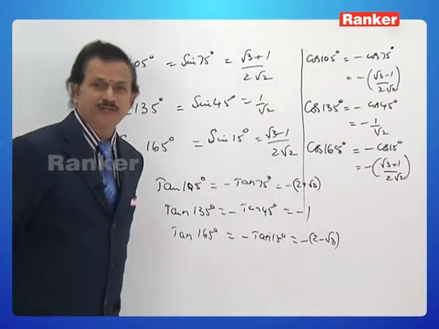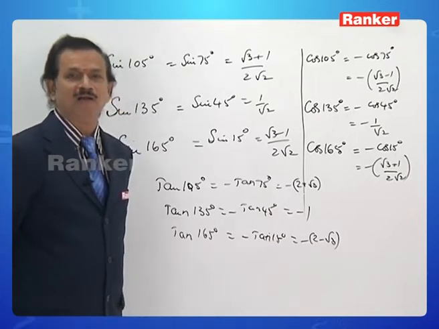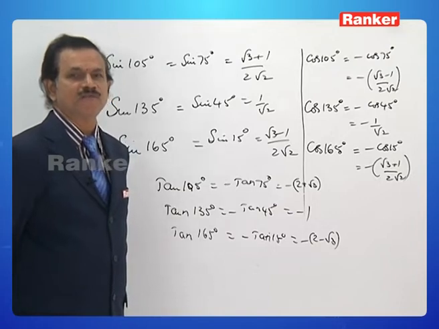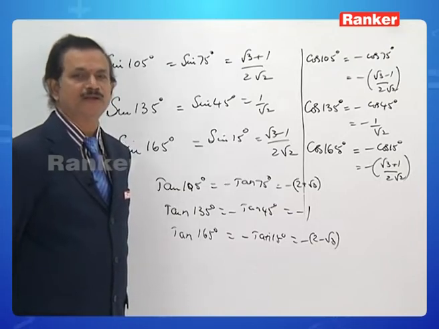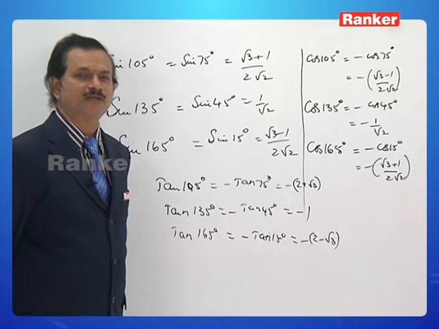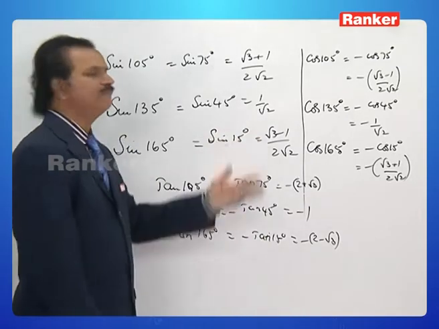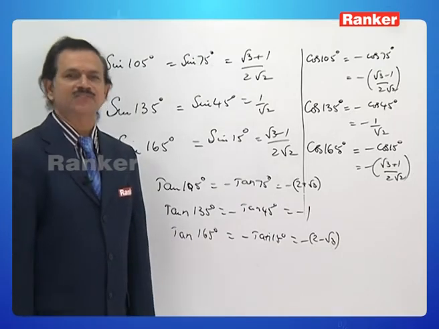So far, you are able to have all multiples of 15 up to 180 degrees: 15 degrees, 30, 45, 60, 75, 90, 105, 120, 135, 150, 165 and 180. For all of them you have the values, isn't it?